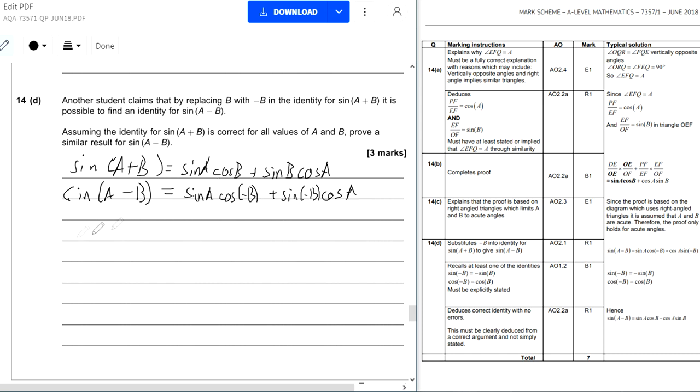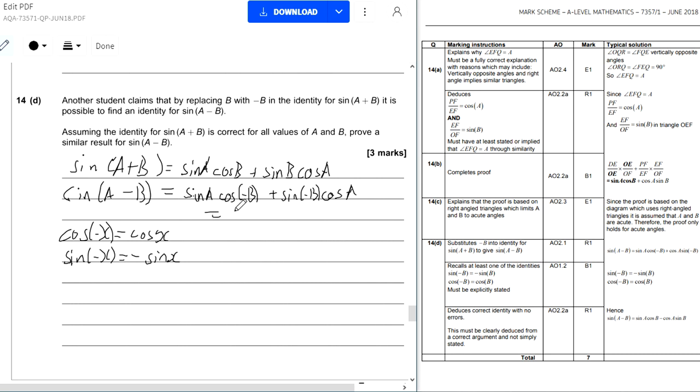You've got to know that cos of minus x is the same as cos x, because cos is symmetrical about the y-axis, whereas sine of minus x is minus sine of x, and you probably have to say that.